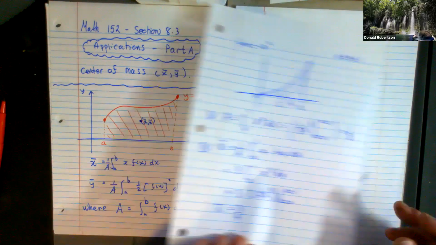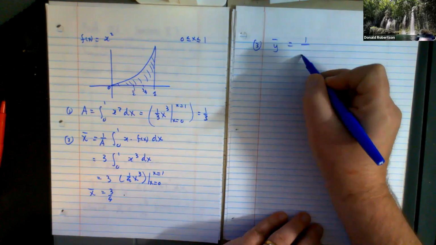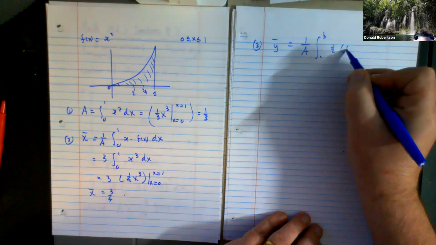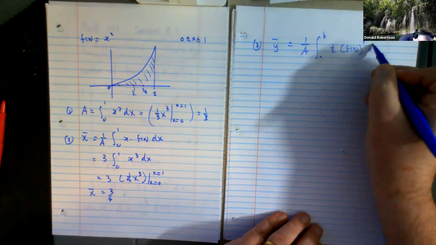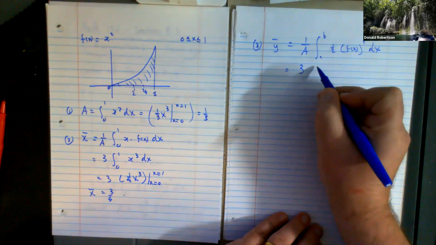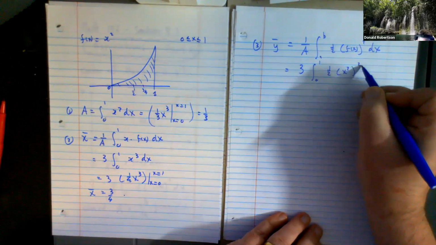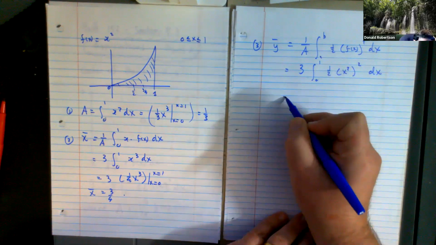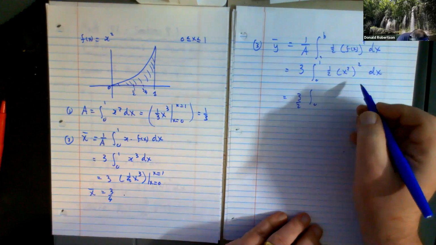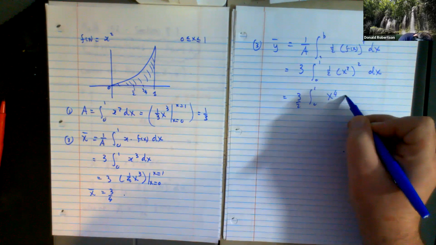Now, the final one, to get y bar, that fella. 1 over a third gets you 3 again. 1/2 the function squared. Bring that to outside, I guess. It's that guy.